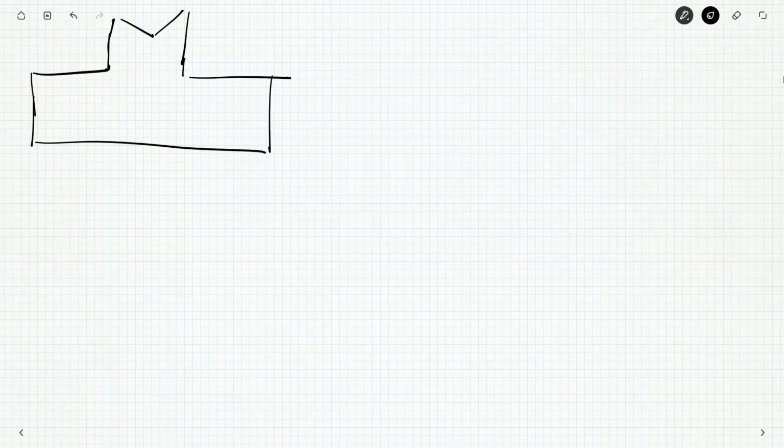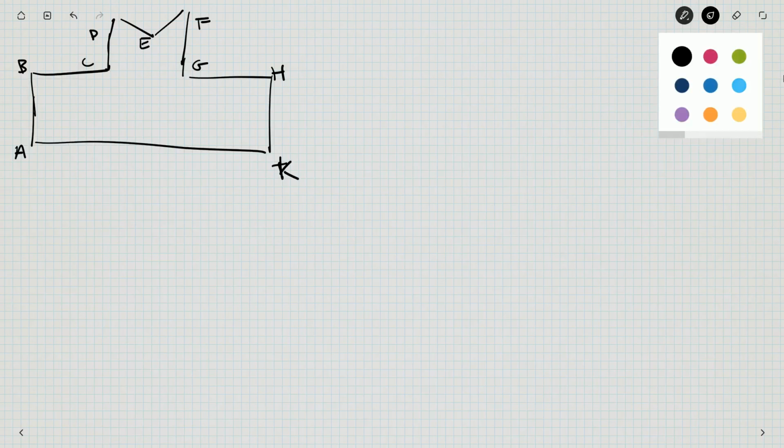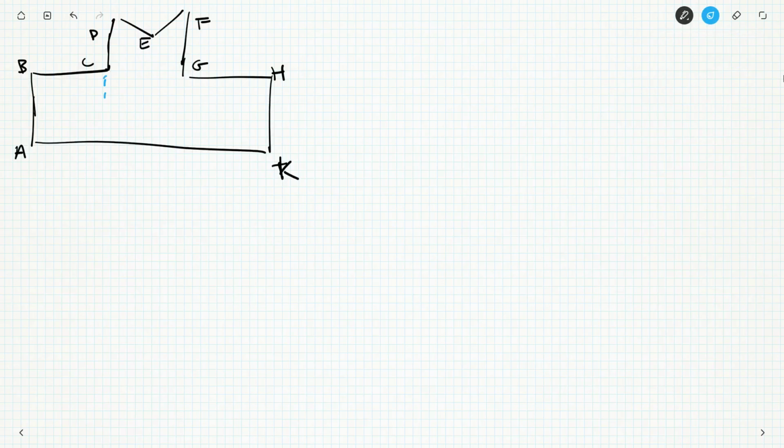So, I've got to explain what I'm doing at each step. So, I'll draw my full picture again. Okay, and we got A, B, C, D, E, F, G, H, K. I'm going to get perpendiculars here.